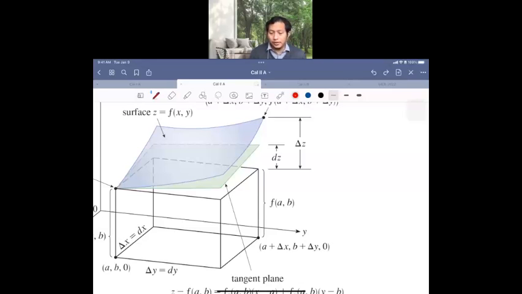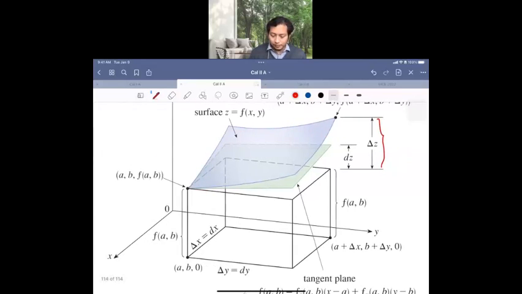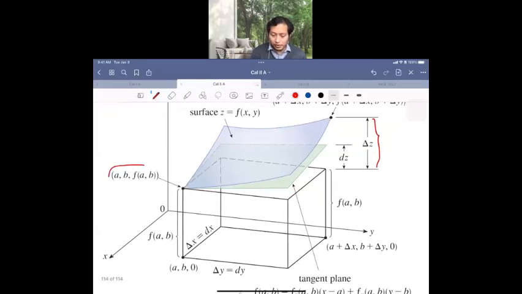And the true delta z is much higher. If you approach this (a, b), you will see that from this gap it goes to here, and the gap is getting closer, and we proved that in the linear approximations.